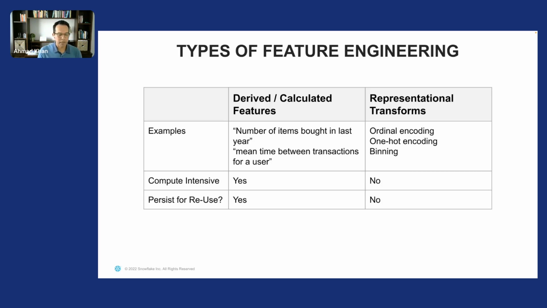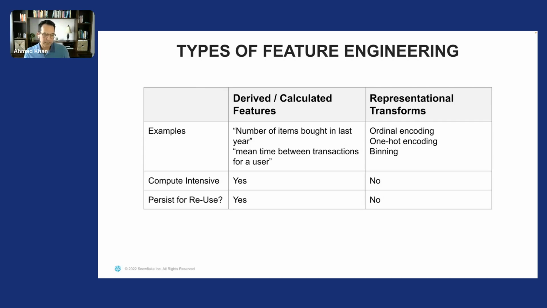Example could be number of items bought by a customer in the last 30 days, mean time between transactions for a user. So there's a lot. They tend to be compute intensive, and because they're compute intensive, we want our customers to persist them so they could be reused. And the second bucket is what we call representational transforms.